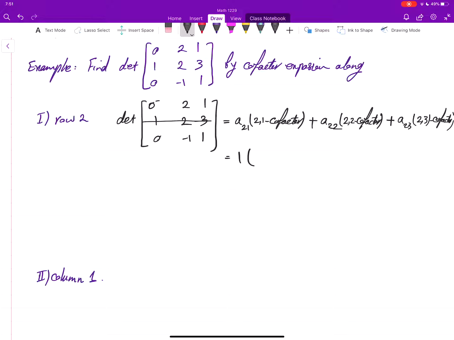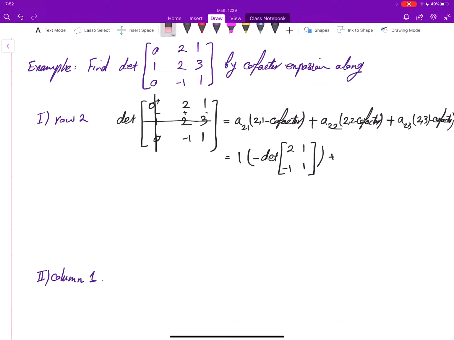Remember that we can get the sign by starting with positive for the top left entry and then alternating as you go to the next entry, whether in the row or in the column: plus, minus, plus, minus. So here it will be minus the determinant of the 21 submatrix. You delete row 2 and column 1, and this is 2, 1, negative 1, 1.